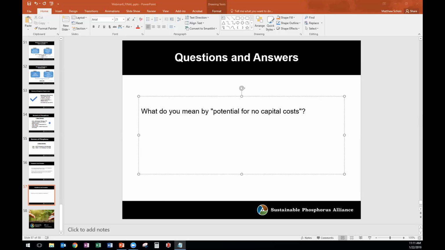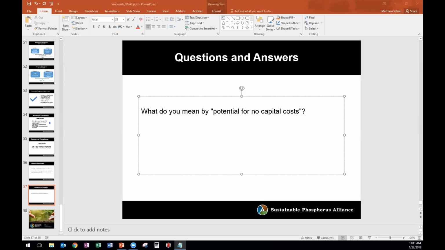If the value of the solids is projected as high as some entities have indicated, there is an opportunity, not a guarantee, for what I'll call other people's money, for investors to come in and develop these solids reclaim systems at little or no capital cost to the farm entity, and have the farm participate in the financial outcome of the installation. But the capitalization could, and I'll put little quotes around that, could be done by others than the farm itself.